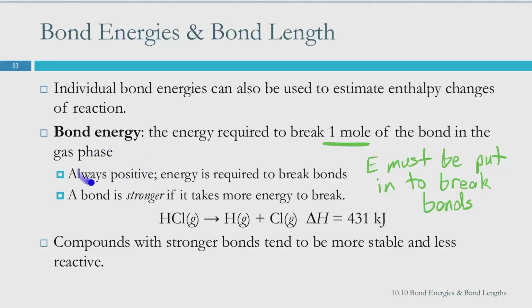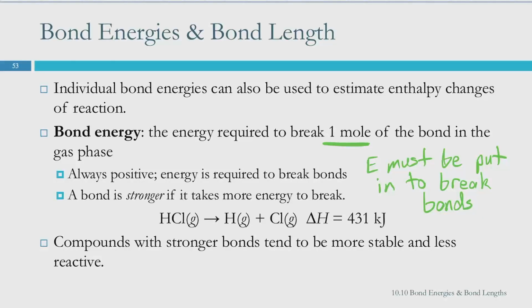If our bond energy is always positive because energy is required to break the bonds, what's the opposite of breaking bonds? Forming bonds. So if the opposite of breaking bonds is forming bonds, what's the sign going to be when we form bonds? It's going to be negative, which means what?